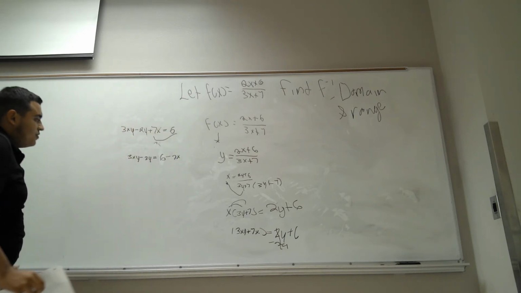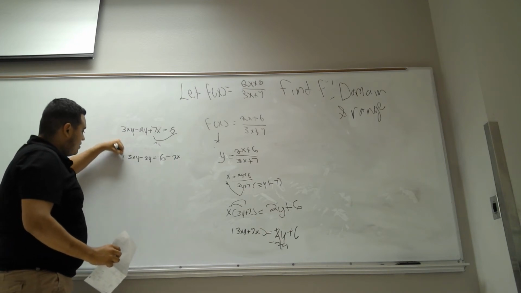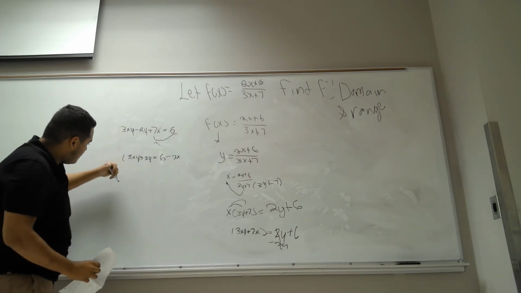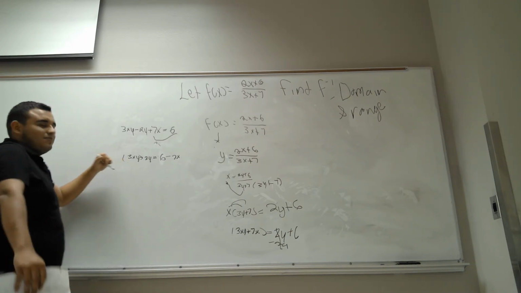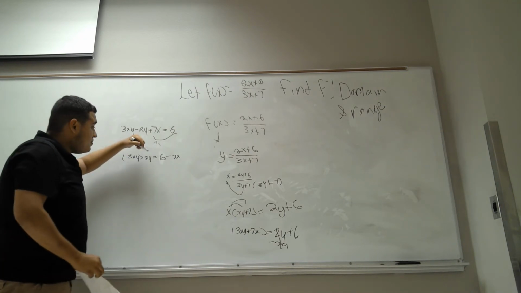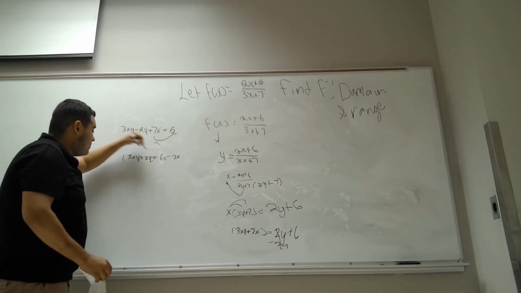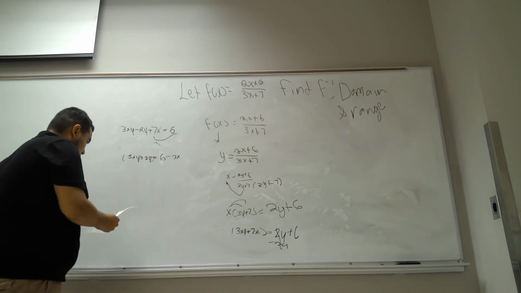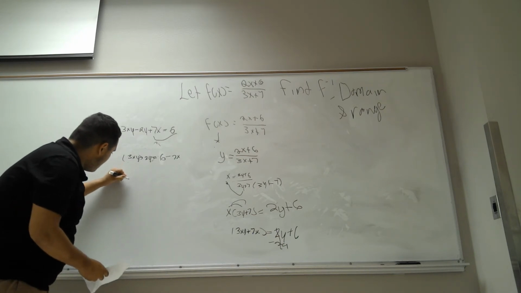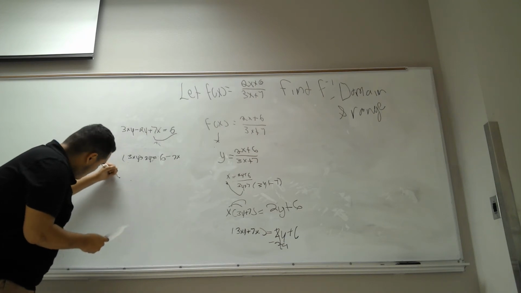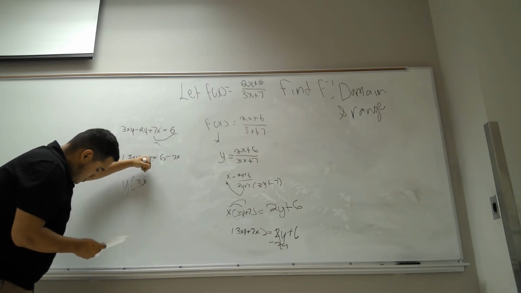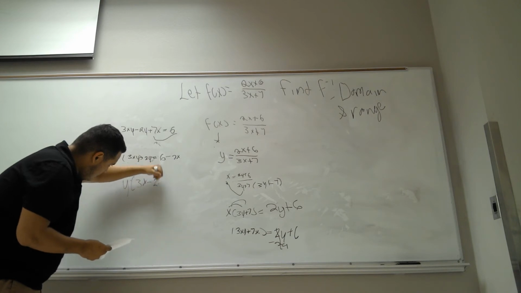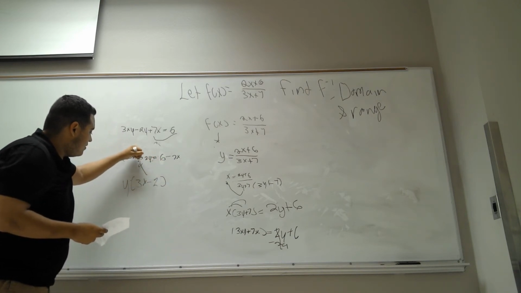And to proceed, you're going to want to factor this right here. So basically, what we're going to have here is y times (3x minus 2), and this will give you basically this.